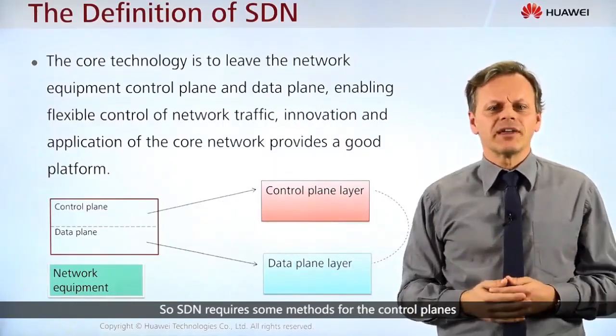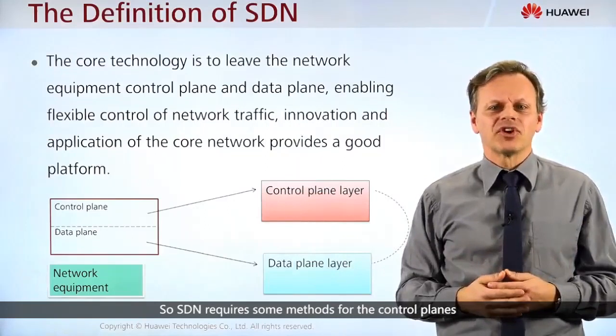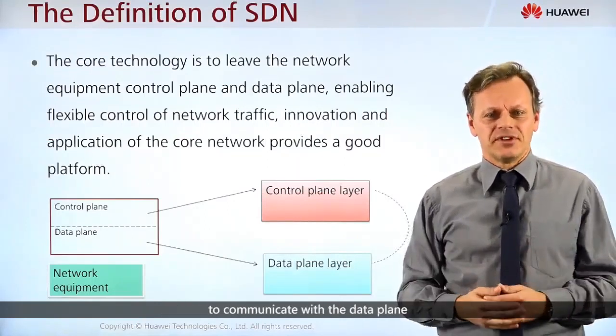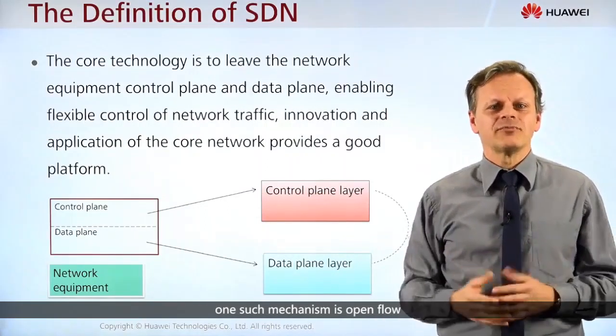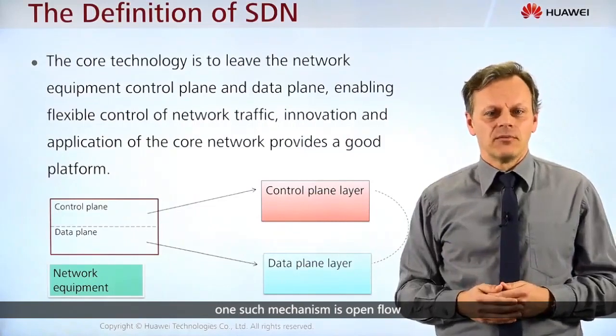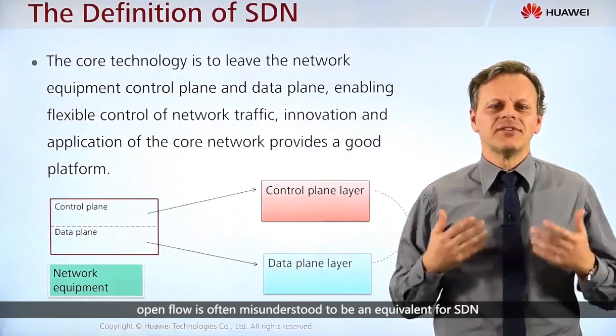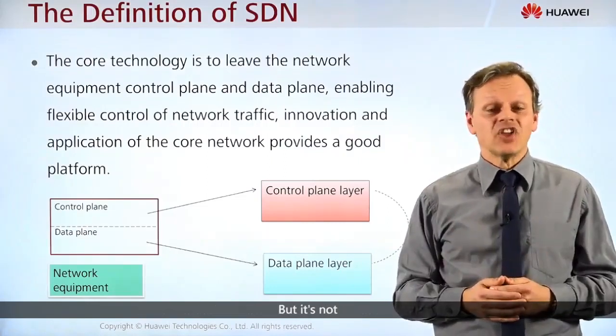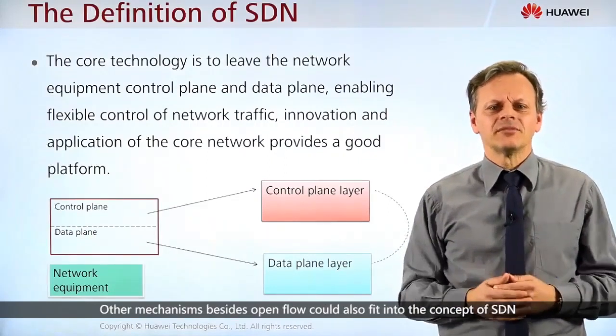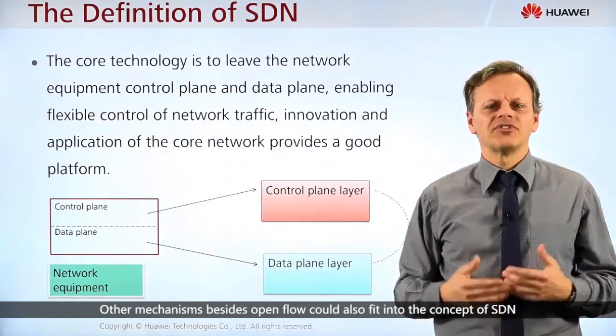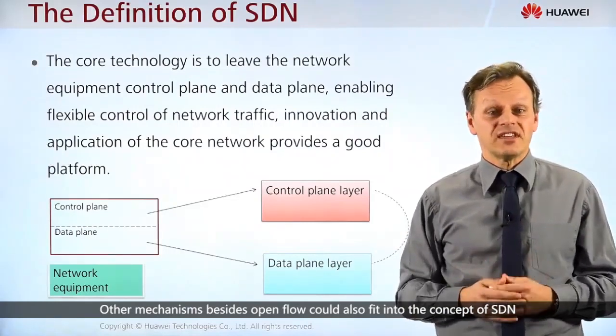So SDN requires some methods for the control plane to communicate with the data plane. One such mechanism is OpenFlow. OpenFlow is often misunderstood to be an equivalent for SDN, but it's not. Other mechanisms besides OpenFlow could also fit into the concept of SDN.